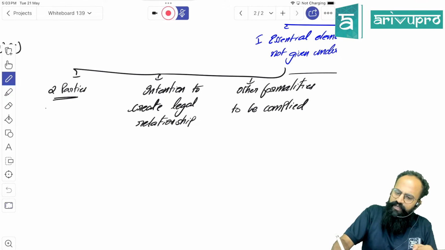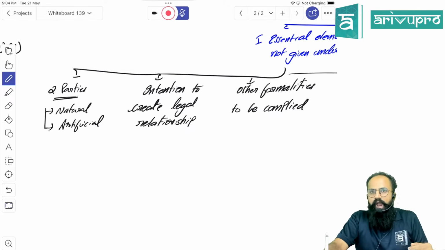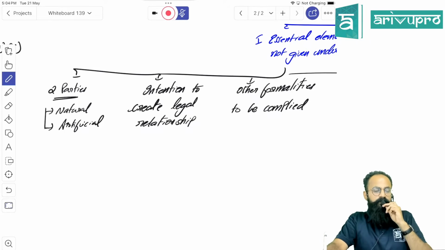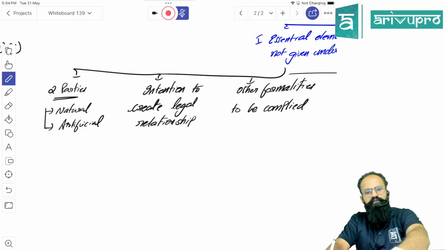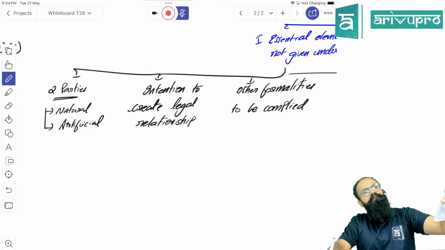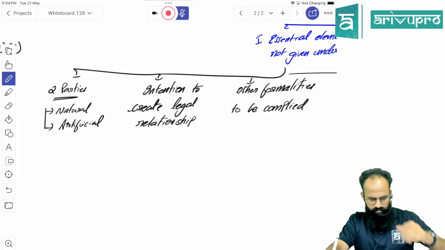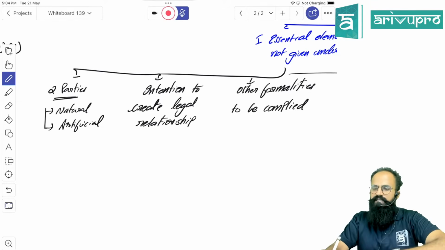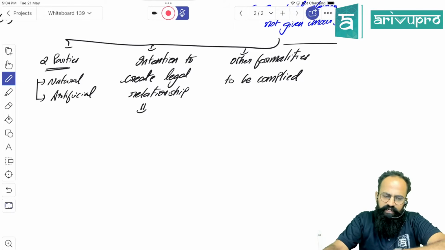So remember, these parties can be natural persons as well as artificial persons. Yes. Okay. Next: intention to create legal relationship.